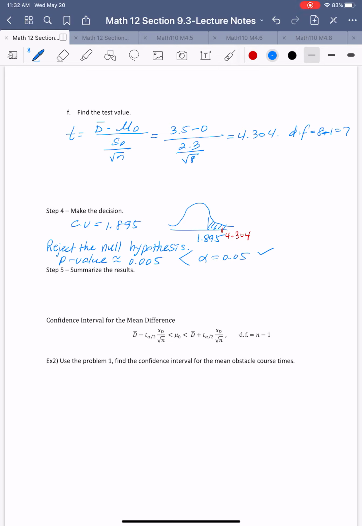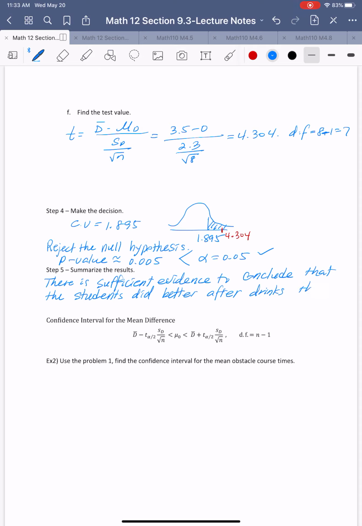All right, so to summarize, there is sufficient evidence to conclude that the students did better after drinking the energy drink.